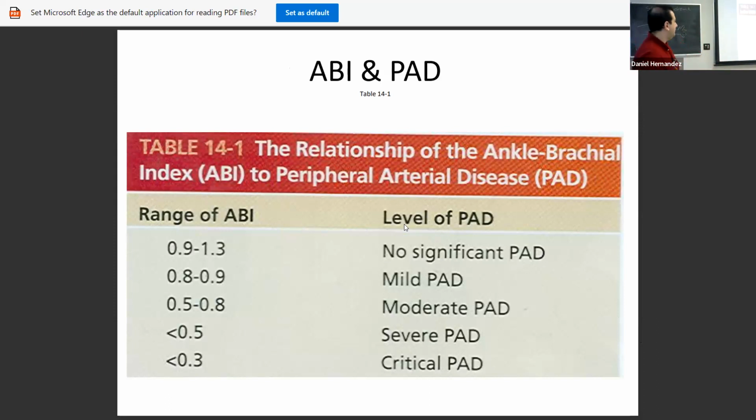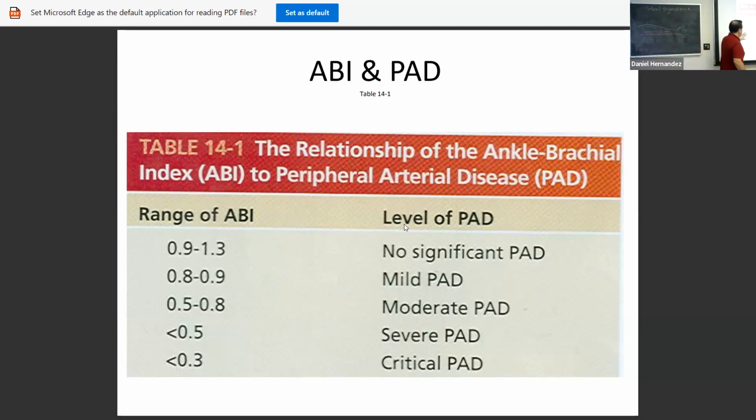So this chart, some places also break it down based on symptoms. We have our normal range of 0.9 to 1.3. Some labs will do 0.9 to 0.5 as claudication, so just below that normal range.